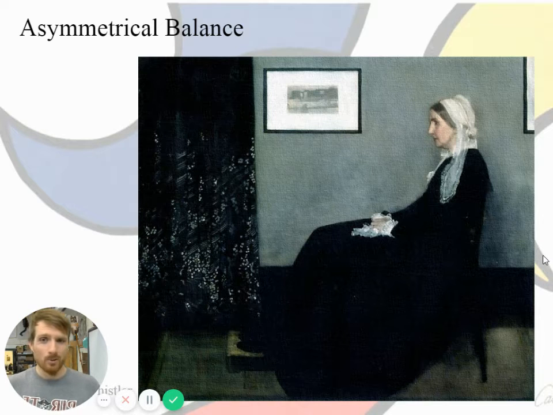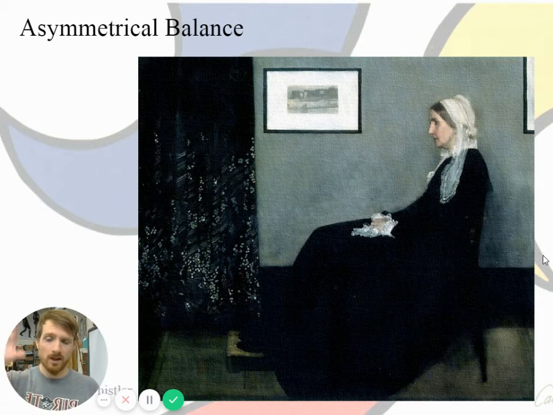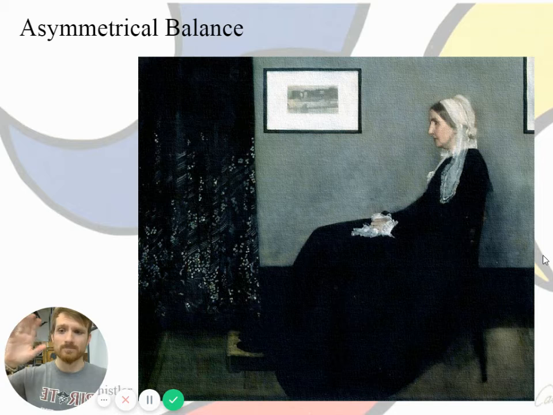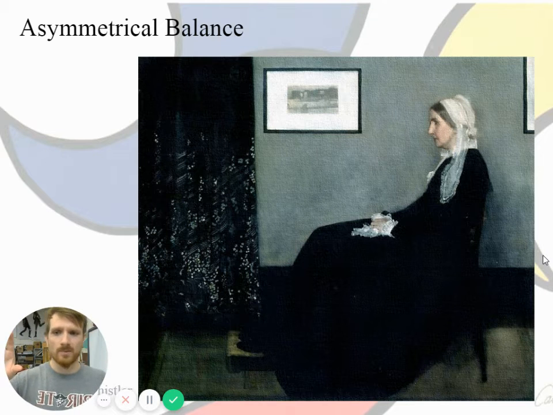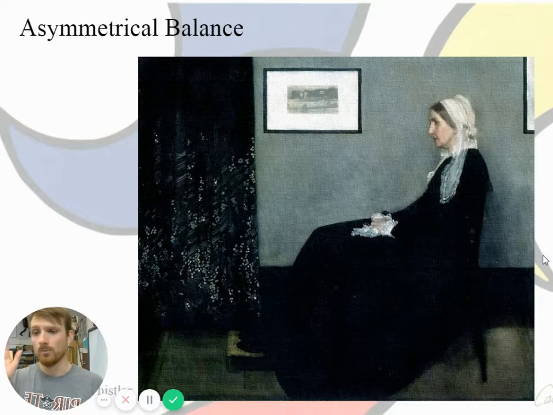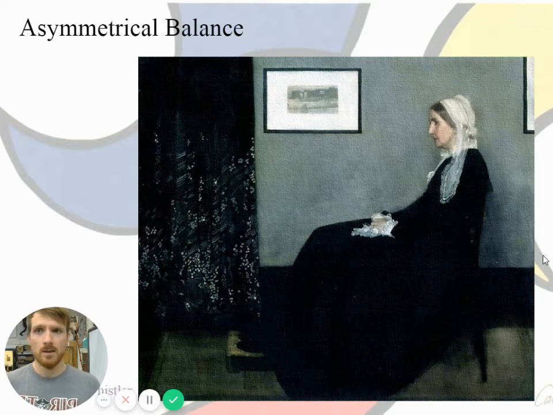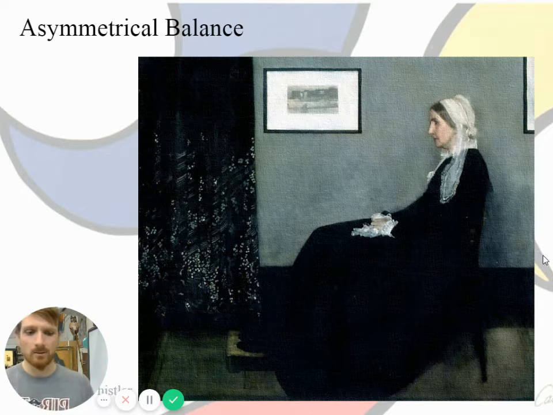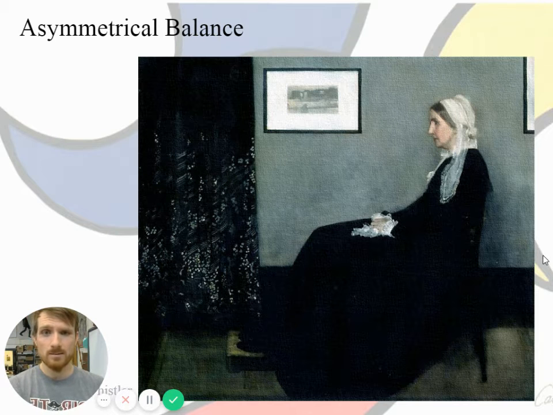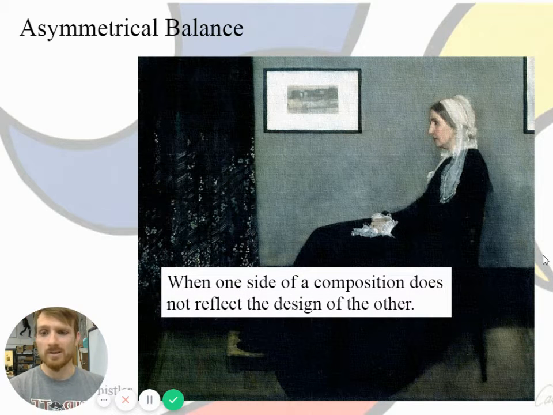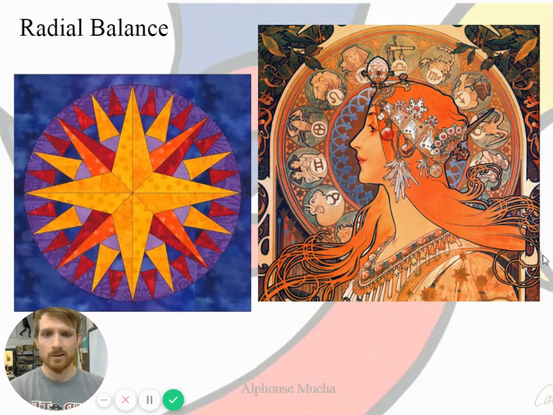This happens a lot more organically as we plan out our compositions, where we have a large, dark, heavy object or visual representation of something on one side, and so we're working on balancing that out without repeating that thing. So asymmetrical balance is a second way that we can balance things within a piece, and it's when one side of the composition does not reflect the other.